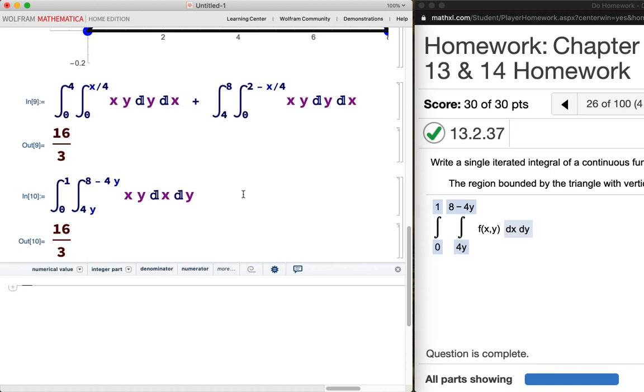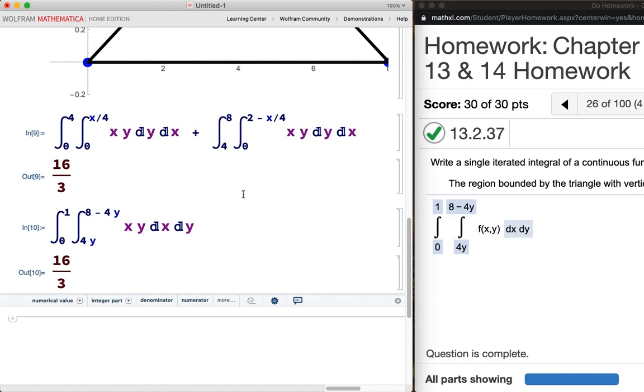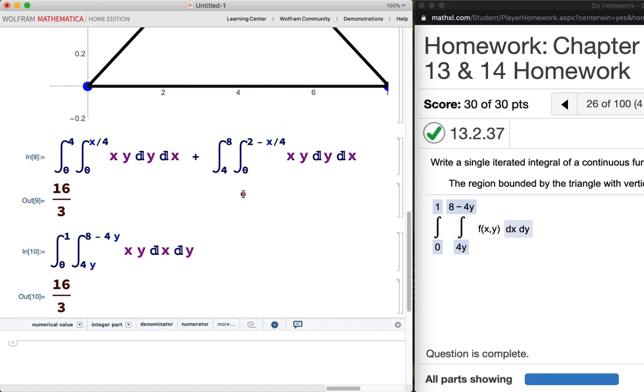So notice that there were two different ways of solving this problem, depending on whether you integrate with respect to y first and then x, or with respect to x first and then with respect to y.